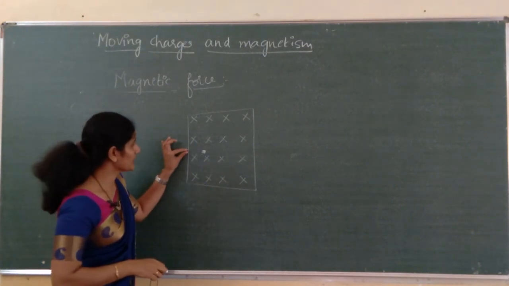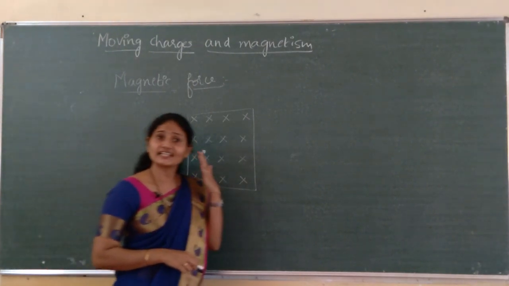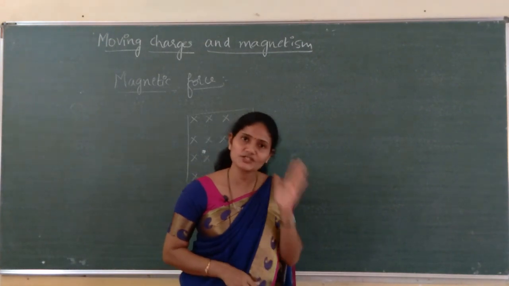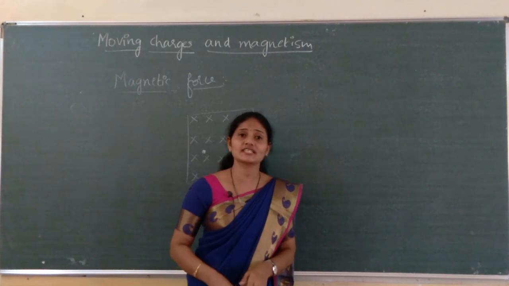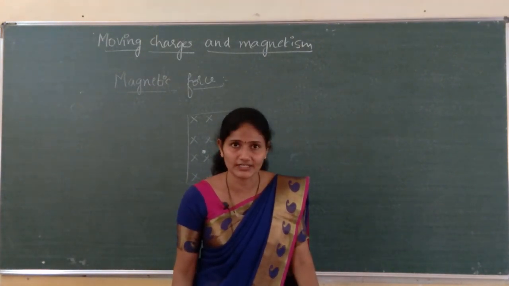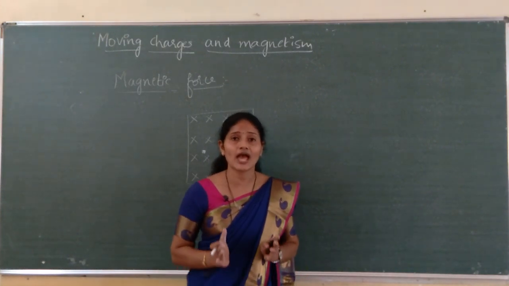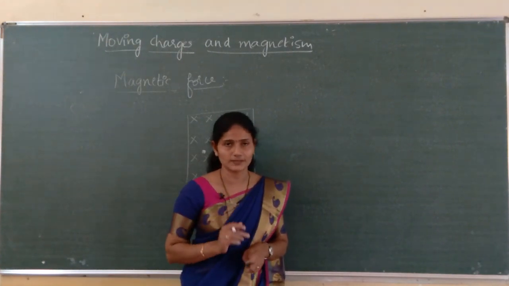When a charge enters this magnetic field, the charge should move. There must be flow of charges, then only we can have a magnetic field. If a charge is at rest, then we have only the electric field, and the magnetic field is 0. So, the necessary condition is that the charge should have velocity.